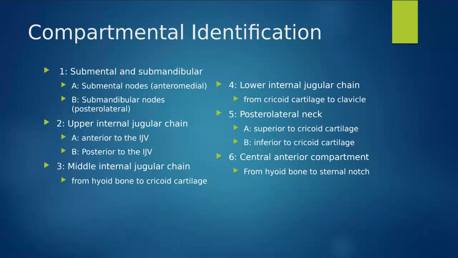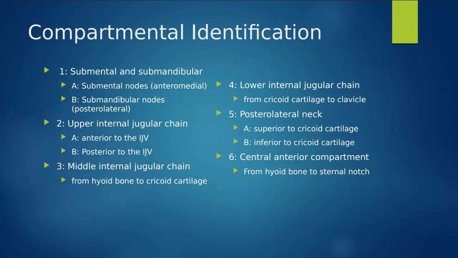And here is just a little bit further compartmental identification. Section 1A is when we are considering the submental nodes. So we're underneath that chin portion, very closely related to our 1B section, which is our submandibular nodes. Section 2 is the upper internal jugular chain, either in front of or behind the chain. Section 3 is the mid portion of the internal jugular, extending from our hyoid bone to our cricoid cartilage.